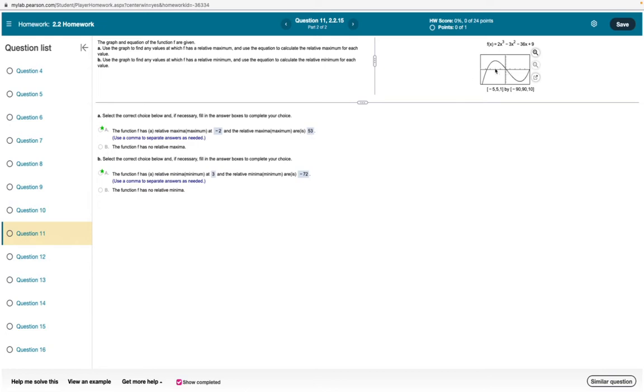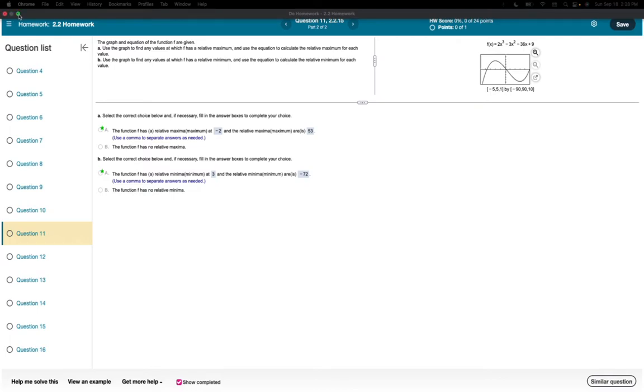So at -2, 53, that is your relative maximum. At your minimum, at 3, -72, that's your relative minima. So the first number is your x and the second is your y. So let me go back to that example we had.